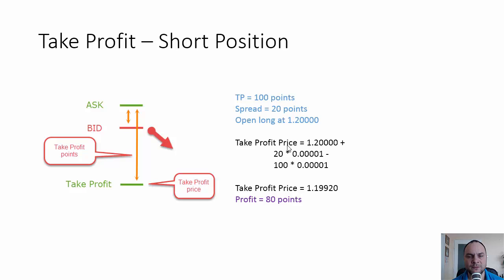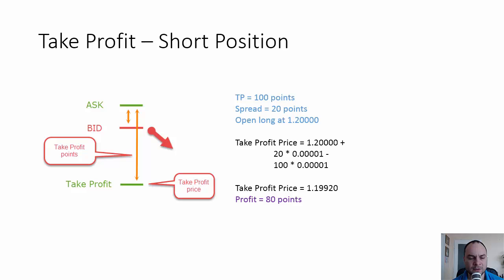So the actual take profit price will be the initial price plus the spread minus the take profit, and we receive take profit price 1.19920, and the actual profit will be 80 points.